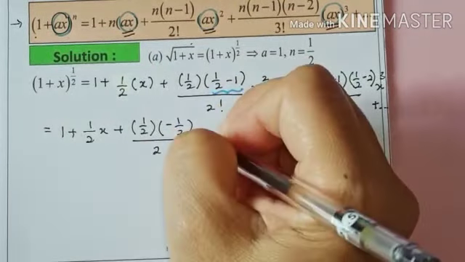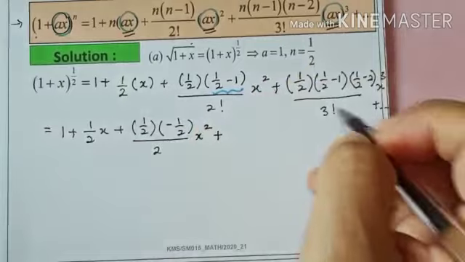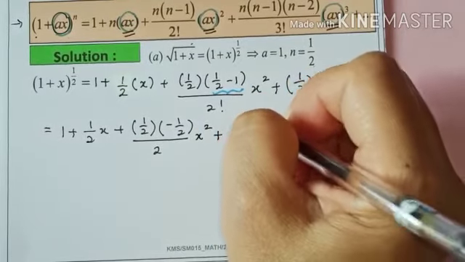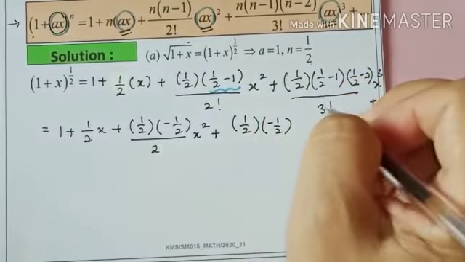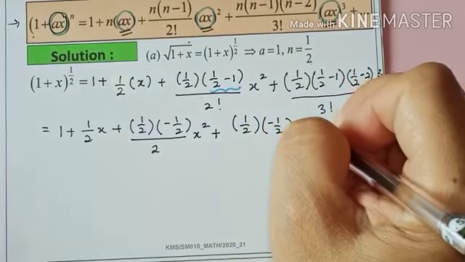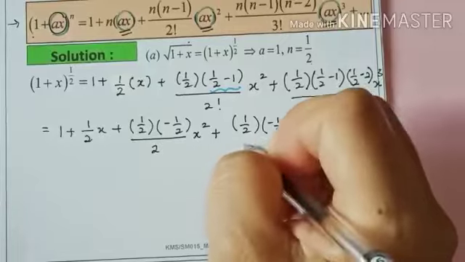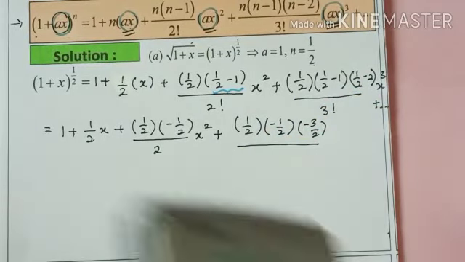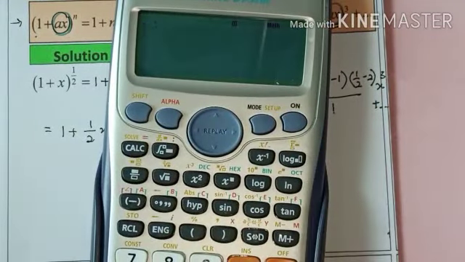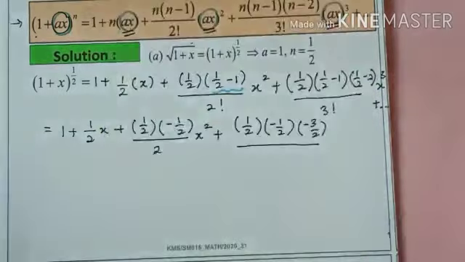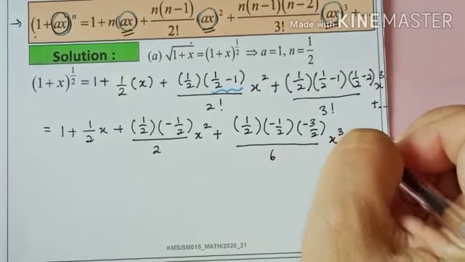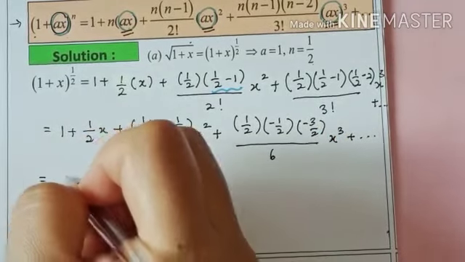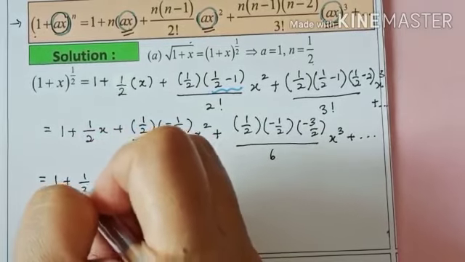Divide by 2, this is x squared. Plus half, half minus 1 is negative half, half minus 2 is negative 3 over 2, divide by 3 factorial. Again, you can press your calculator for 3 factorial, then you get 6, x cubed.